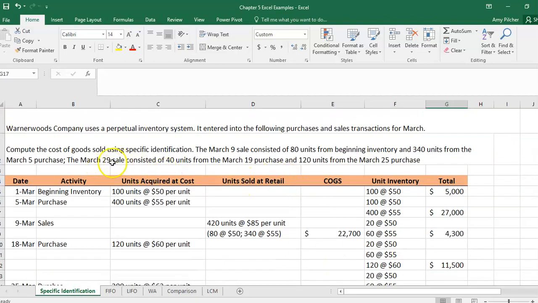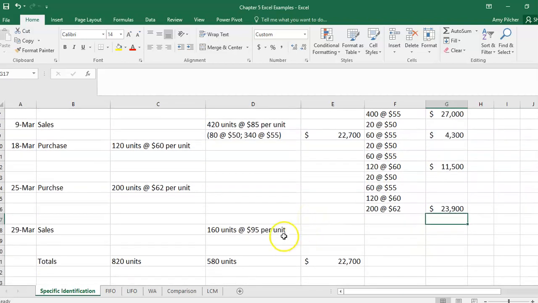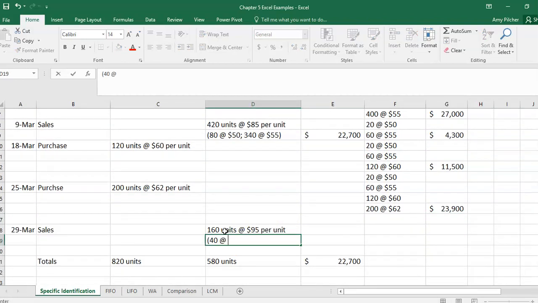It tells us that that sale consists of 40 units of the $60 per unit and 120 units from the March 25th. So this is 40 at $60 and 120 at $62 each.